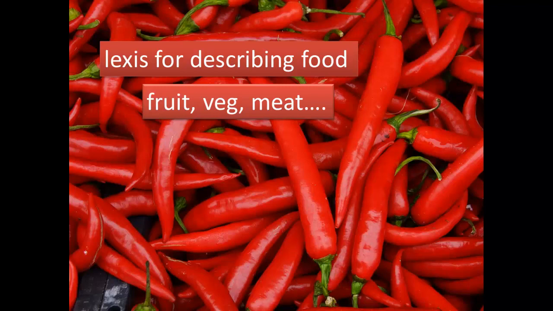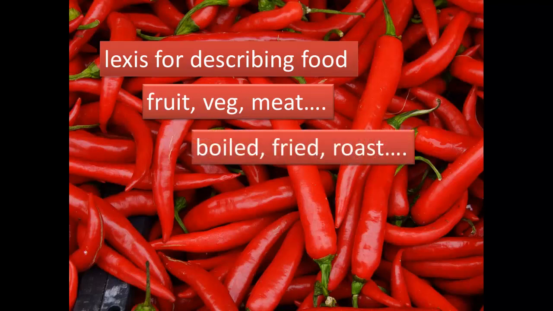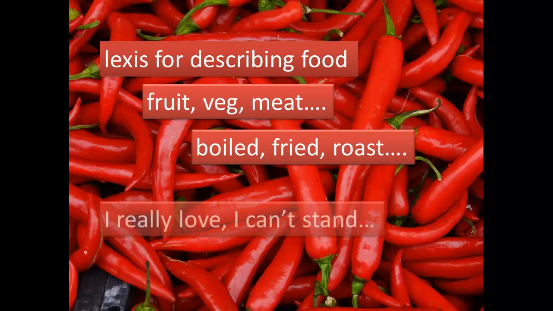It might not just be cabbage, meat, vegetable kind of vocabulary. How about words like boiled and fried and roast? So if you're going to describe food, think about what words you're going to need to do that. It might be functional language like, I really love, I can't stand, I don't like this very much. That sort of thing might be necessary for this task.